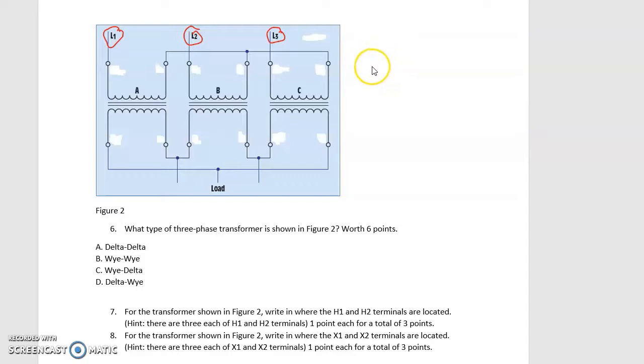So that means the top 3 coils are the primary side of the transformer. And then on the bottom we see that the load is connected. The load is always connected to the secondary of a transformer. So on the bottom is the secondary.